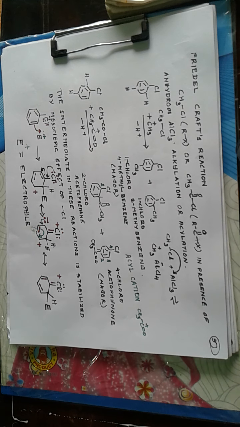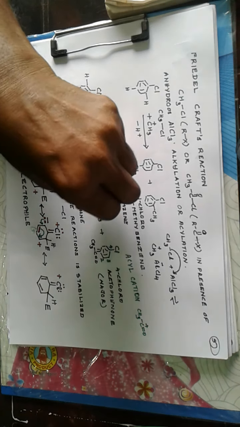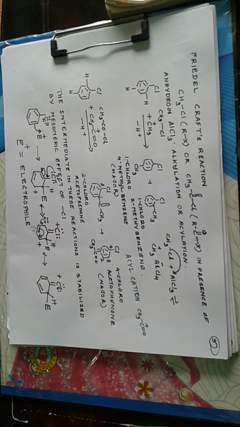So acyl cation is the electrophile as usual. Hydrogen from the ortho and para positions are removed as H positive, and CH3CO positive enters into ortho and para positions. Now the major product will be the para substituted derivative.